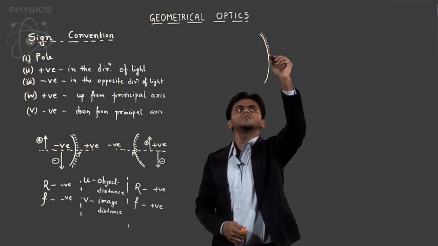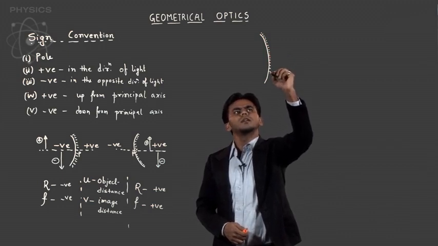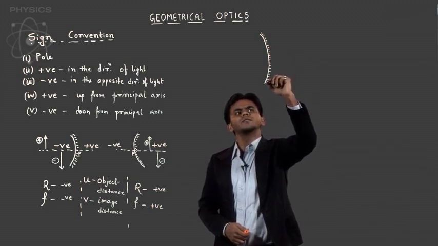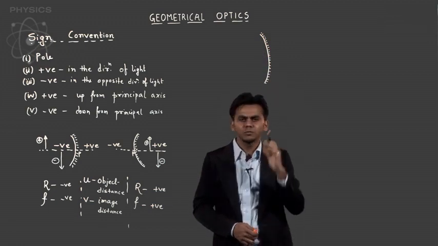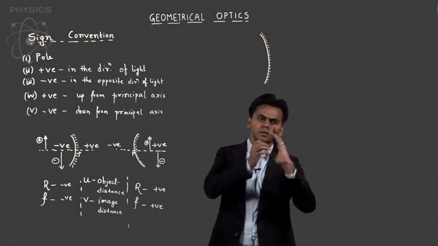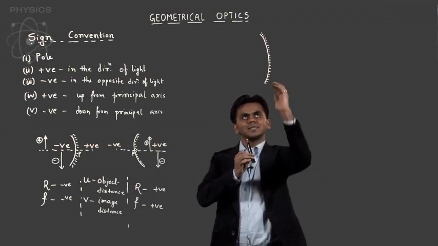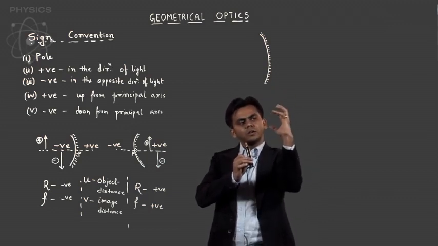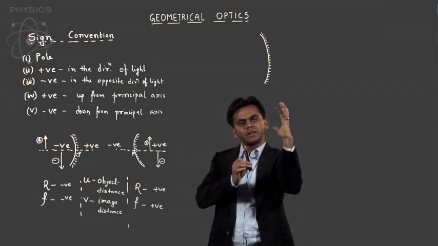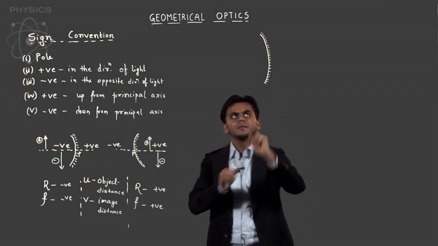When I say very small aperture, this arc kind of behaves like a straight line, because for a small aperture, your circular arc would behave like a straight line, or rather this curved surface would behave like a plane, right?